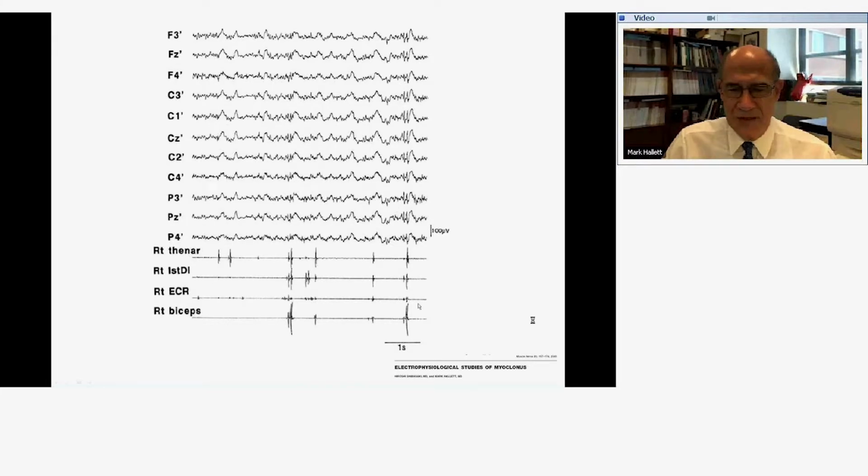And this is relatively obvious. You have these very brief synchronous discharges that represent the myoclonus. And in many of the circumstances, there are epileptic spikes that one can recognize in the EEG. So this is clearly where the cortical activity is driving the myoclonus.